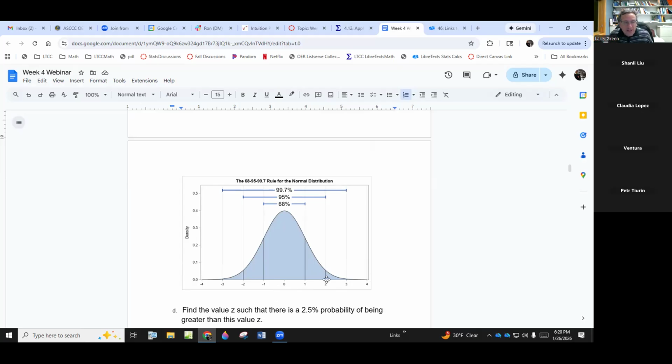So if this little right tail, as they call it, has 2.5%, then if I go to the mirror image on the left tail, that's also 2.5%. If there's 2.5% on the right and 2.5% on the left, if you add those up, that's 5%. 2.5 plus 2.5 is 5. So if there's 5% outside, how much percent is inside?